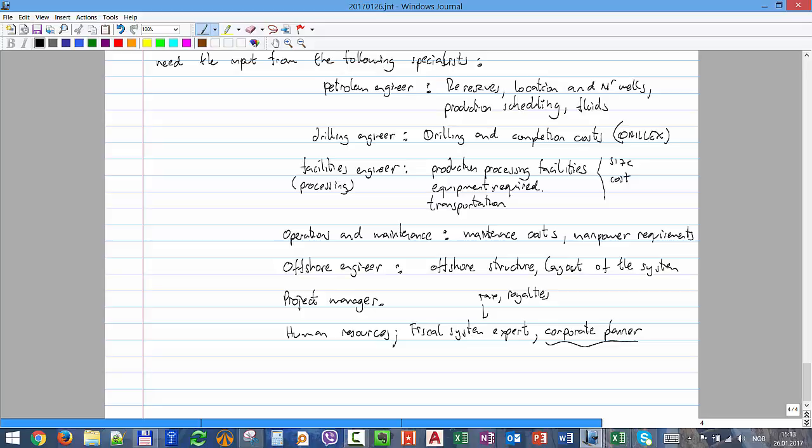Okay, so now let's talk about another indicator, okay? Another indicator of economical health of the project. And that's the IRR, internal rate of return.